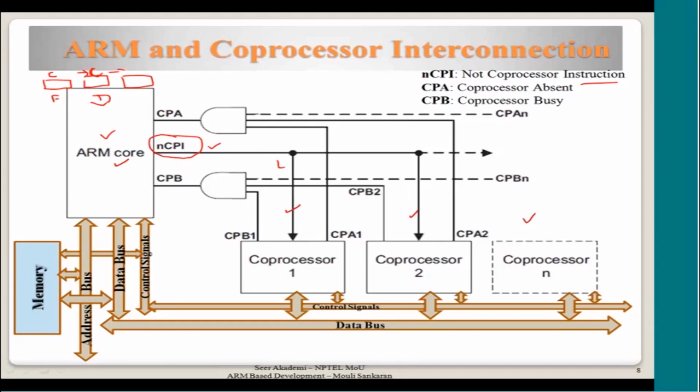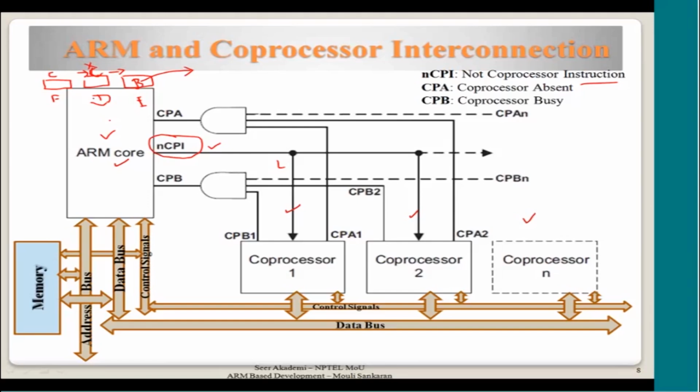Then if it happens to enter the execute stage, why do I say if? There is some possibility that the coprocessor instruction may never come to the execute stage because the previous instruction was a jump instruction, a branch instruction. Then this branch would have taken the control to some other instruction, leaving this coprocessor instruction at the decode stage itself. It is not executed.